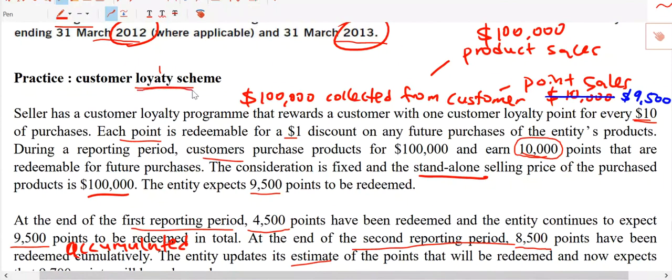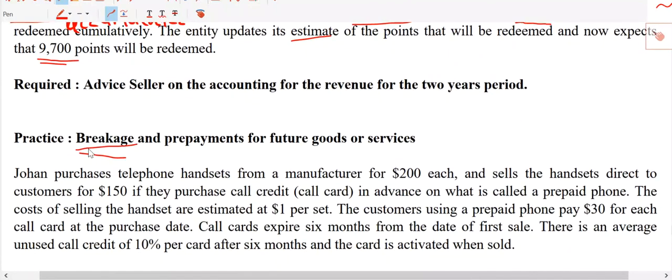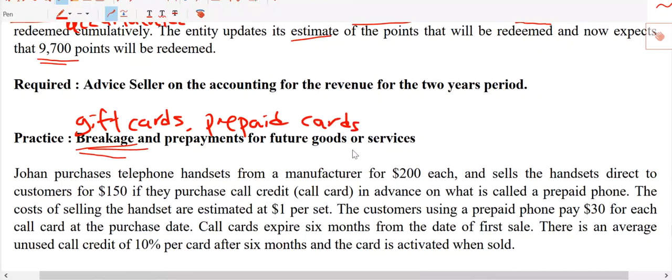If this is a member card, and this is the gift card, the prepayment or prepaid cards, sometimes students might confuse between the member card to collect loyalty points and the gift cards.